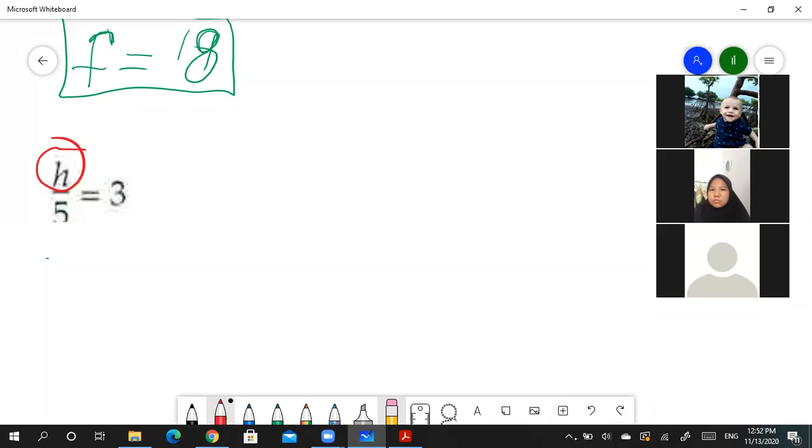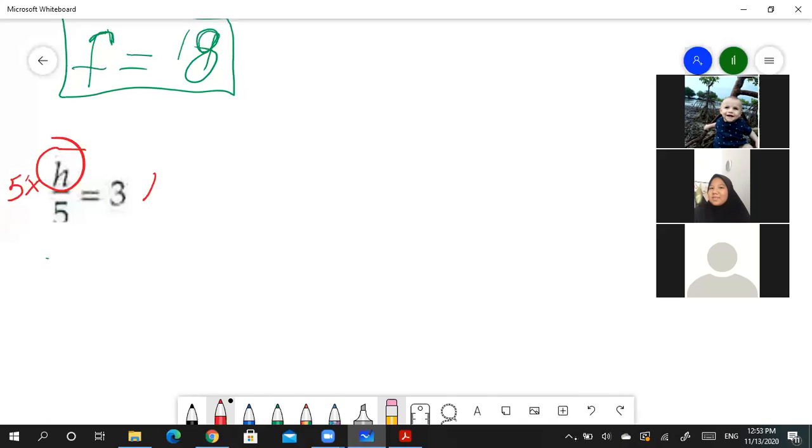The first thing we will do is multiply by 5. Why should we multiply by 5? Because it's division, to get rid of the 5 in the denominator.